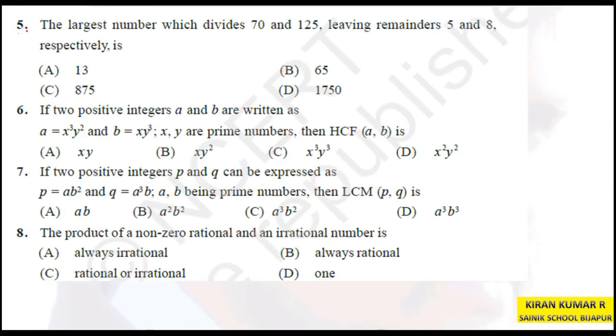Let us solve the fifth question. The largest number which divides 70 and 125, leaving remainders 5 and 8 respectively, is.